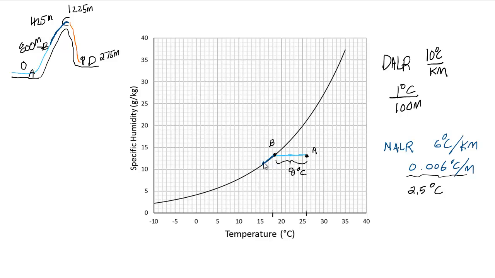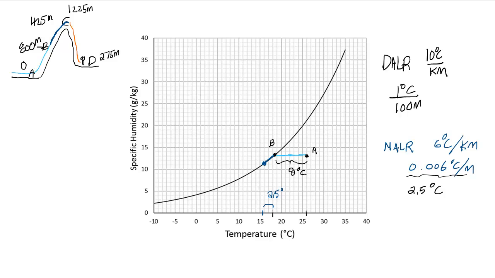So right here, what we know now is it's decreased by 2.5 degrees. We were at 18 and now we're at 15.5 degrees. We learned that from the fact that it had to rise 425 meters to reach the summit at the moist adiabatic lapse rate. That corresponds to a further decrease in temperature of 2.5 degrees, bringing our temperature at the summit to 15.5 degrees.